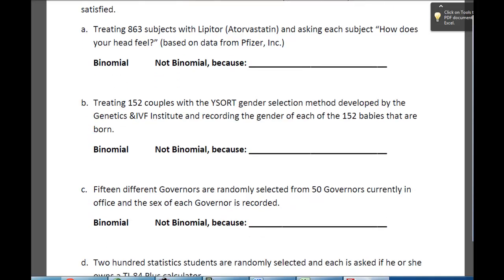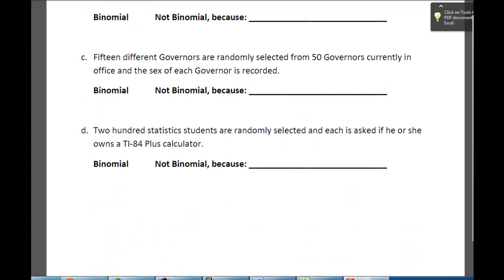If I take a person out, then the probability that the next person is going to be female changes. So the probability is not the same from trial to trial.